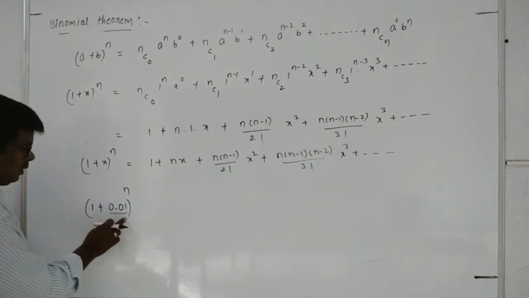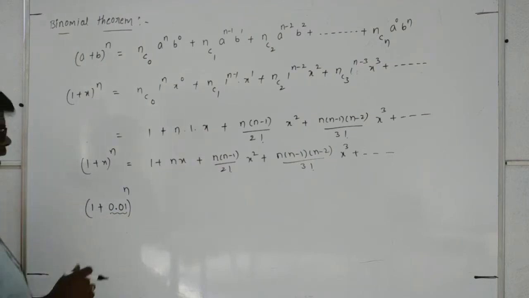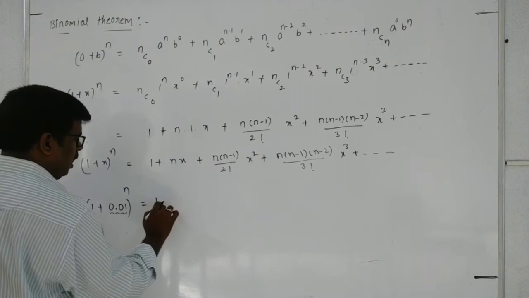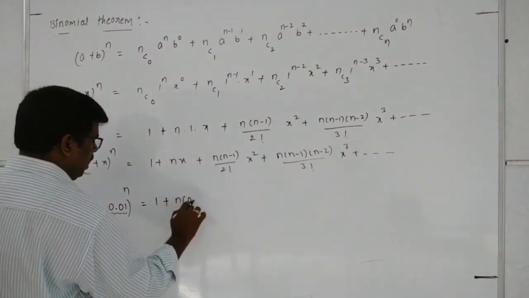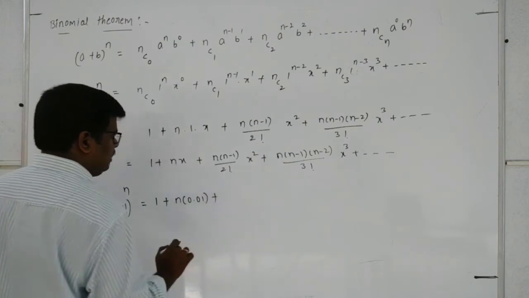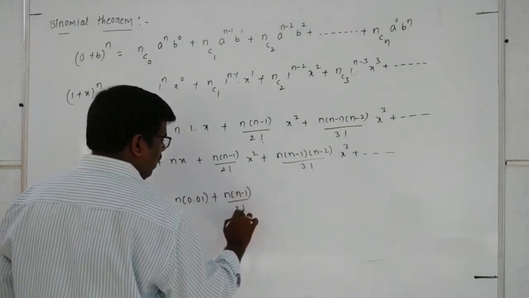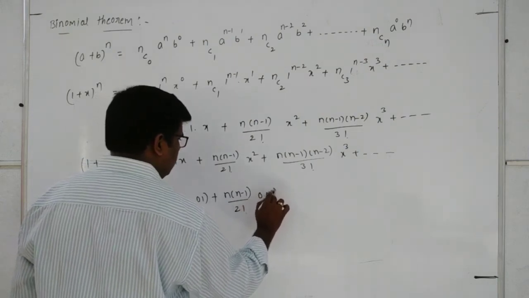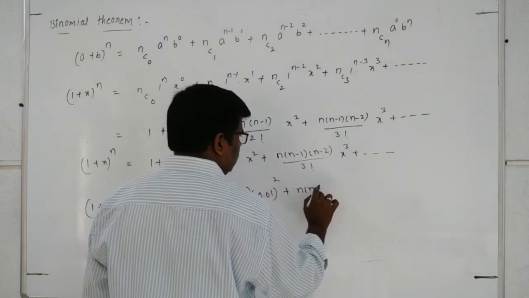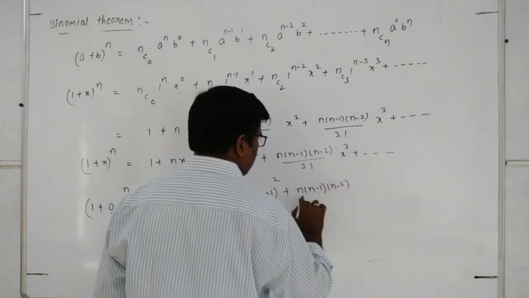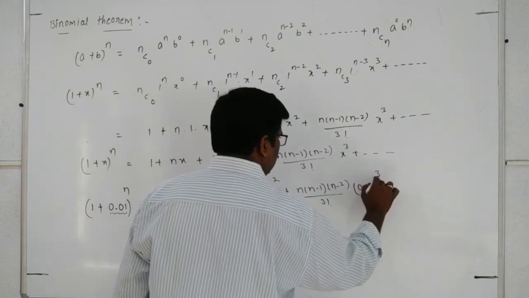This 0.01 is very much less than 1. Then we can write 1 plus n into 0.01 plus n(n minus 1) by 2 factorial into (0.01) whole square plus n(n minus 1)(n minus 2) by 3 factorial into (0.01) whole cube.